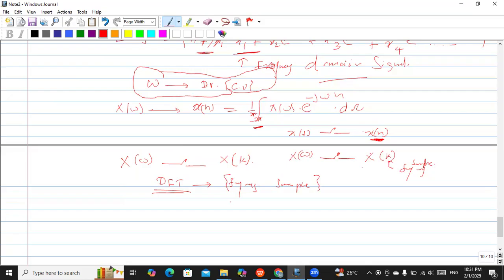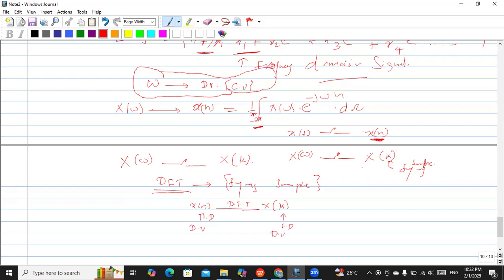If we apply the DFT to the time signal, we will have a frequency domain signal; this is frequency domain, this is time domain. This one is also a discrete variable.